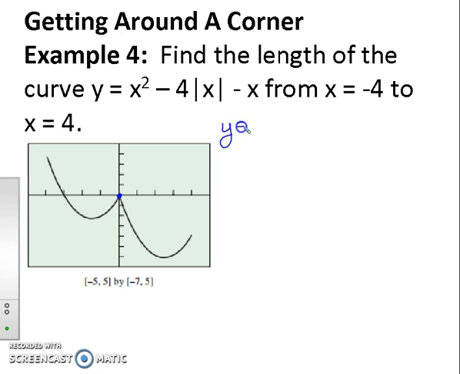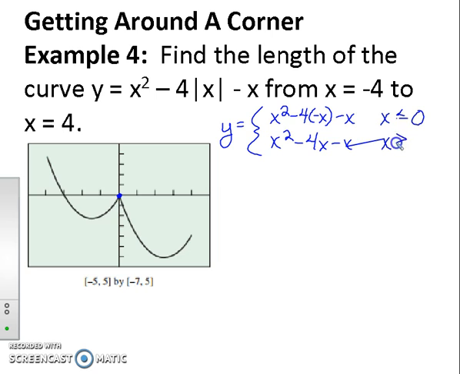So your function as a piecewise would be x squared minus 4 times -x when x is less than or equal to 0, and then x squared minus 4 times +x minus x when x is greater than 0. So then for your arc length we've got to find the derivative.